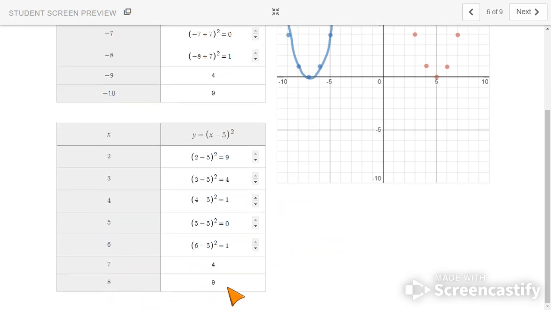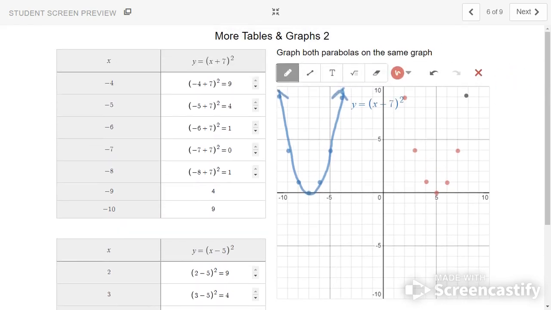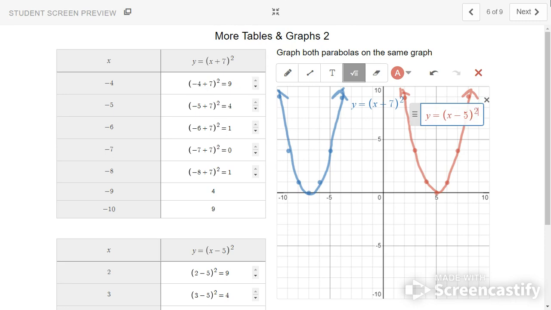And finally, 8 and 9. Okay, let's join the dots with a curve. And we have a parabola here. I'm going to label this. Y is equal to x minus 5 all squared. And here we have it.